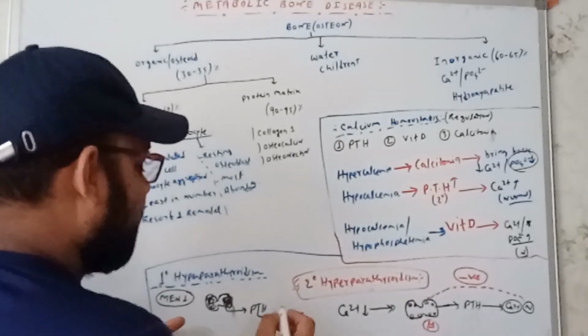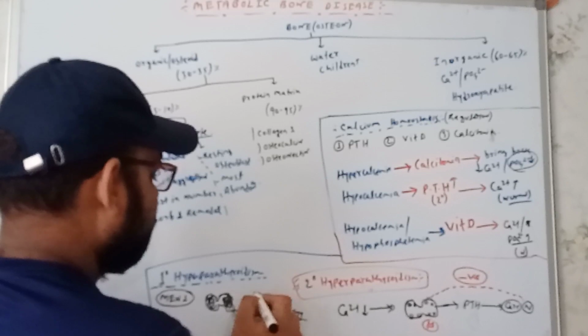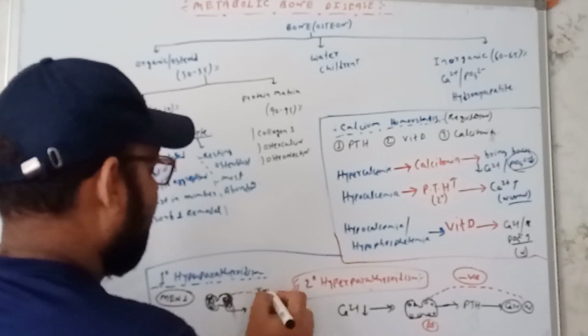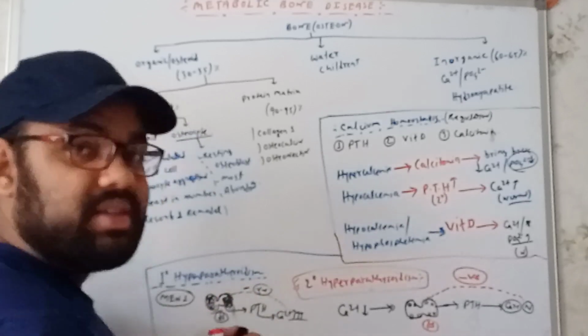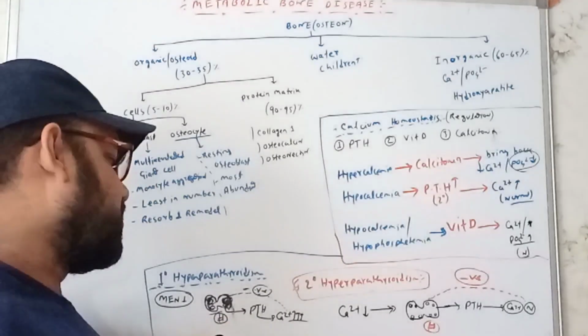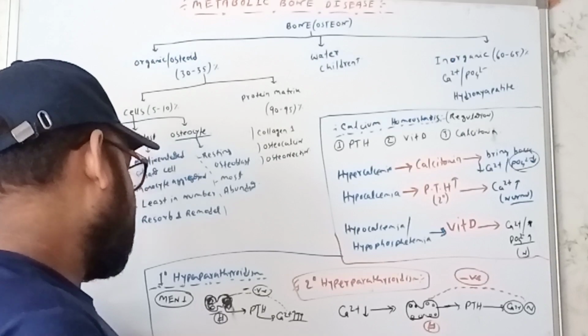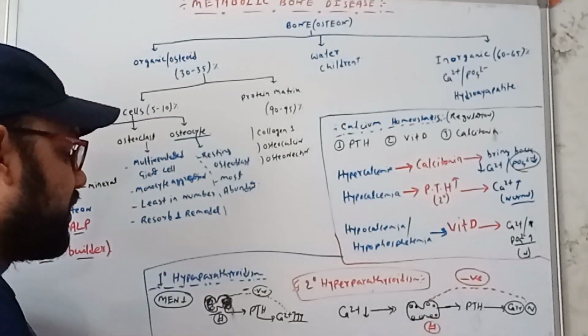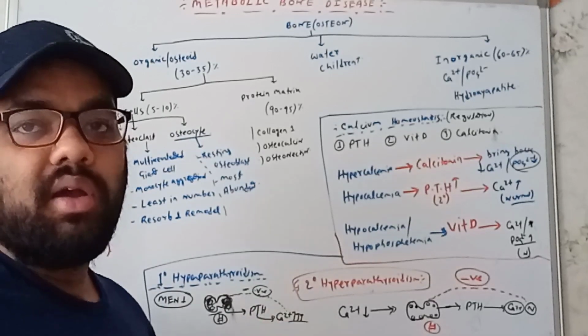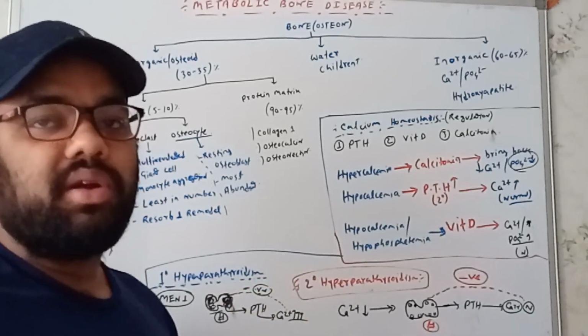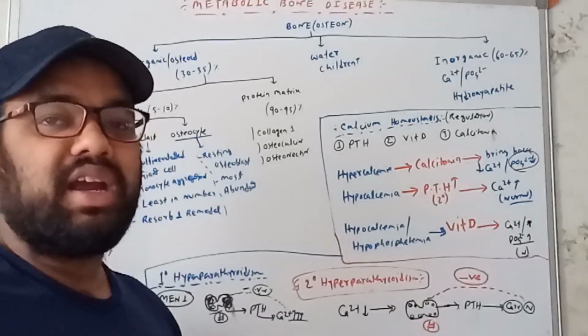For example, if I say that from here the negative feedback will come, and that will stop the secretion of the parathyroid gland, but it's not true. In case of primary hyperparathyroidism, the secretion of the parathyroid gland will not be stopped by the negative feedback.